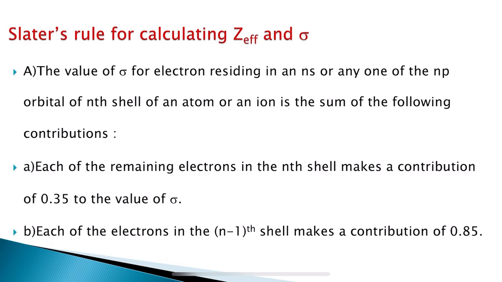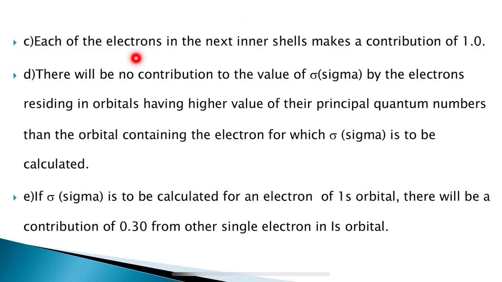So all these points are used to calculate the effective nuclear charge felt by the last electron of any element. Each of the remaining electrons in the nth shell makes a contribution of 0.35 to the value of sigma, and each of the electrons in the n-1th shell will make a contribution of 0.85, and each of the electrons in the next inner shells makes a contribution of 1.